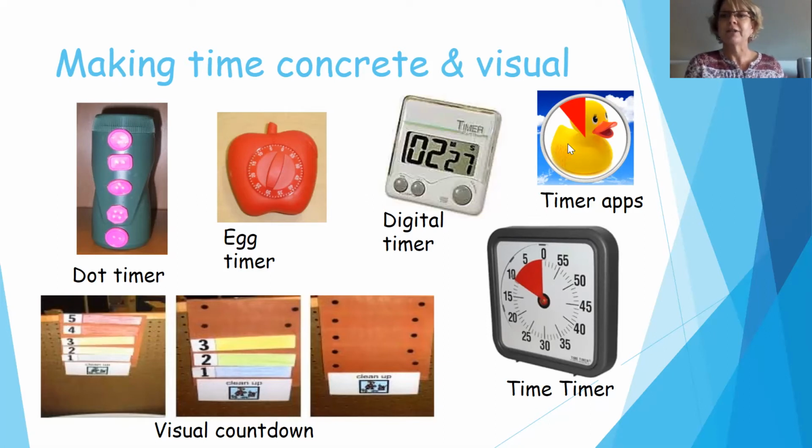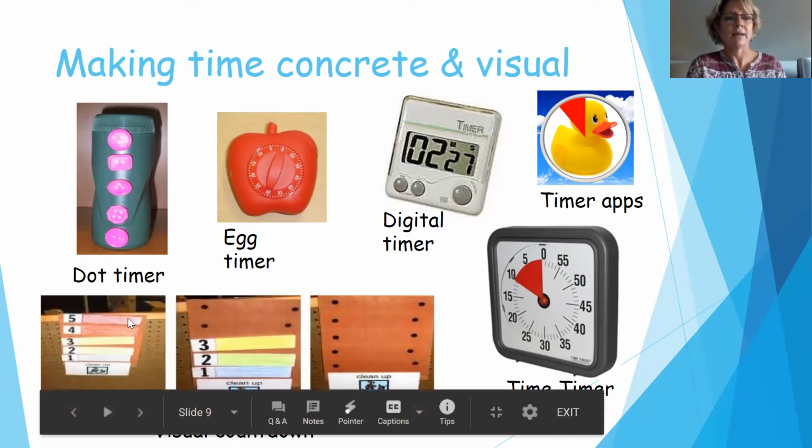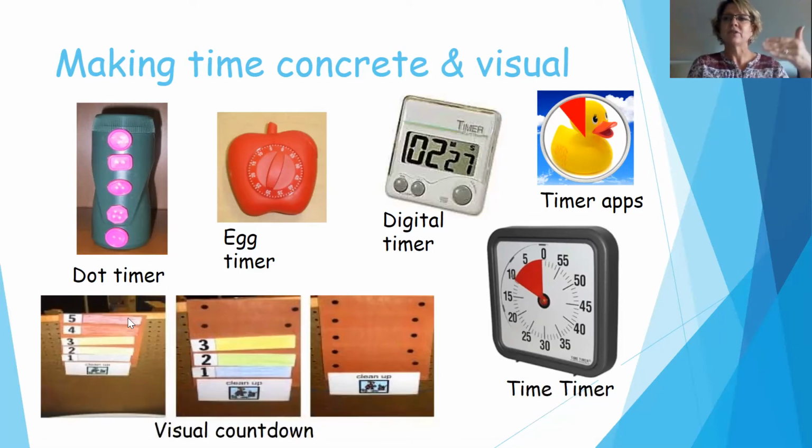There are a lot of different timer apps on your phone, and most of us have our phones with us. Here's a visual countdown. So it just gives those students that information of like 5 more minutes, the 5 is removed, 4 more minutes, 4 is removed, 3 more minutes.